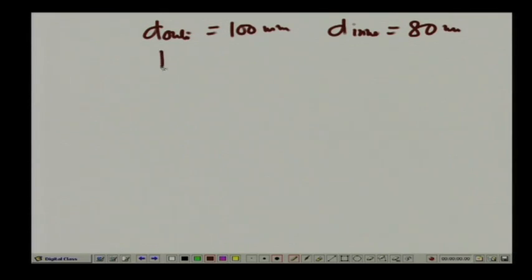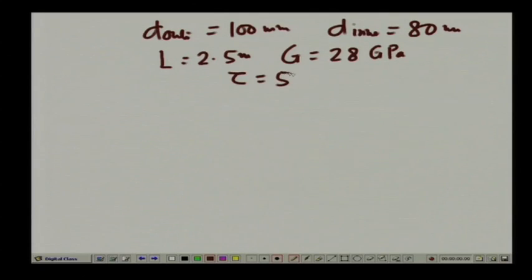Now, the outside diameter d outer is equal to 100 millimeter, d inner is equal to 80 millimeter, L the length of the member is 2.5 meter, G is given as 28 GPa. Now, tau is to be limited to 50 megapascal, and corresponding to that we will have to find out what is the rotation.